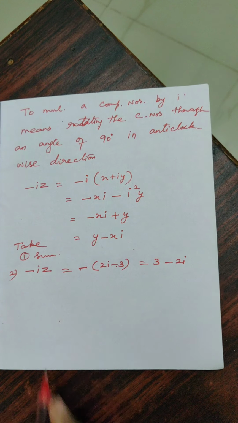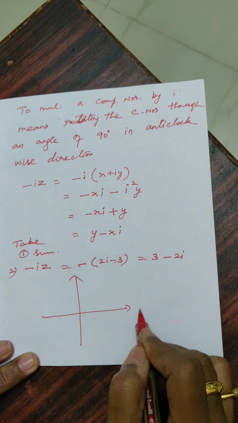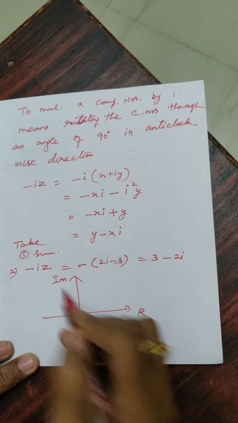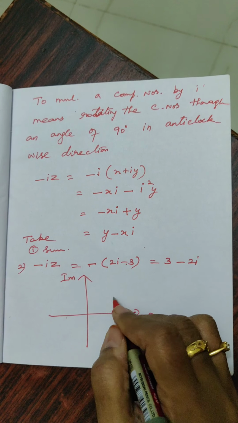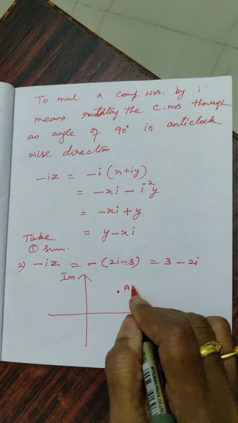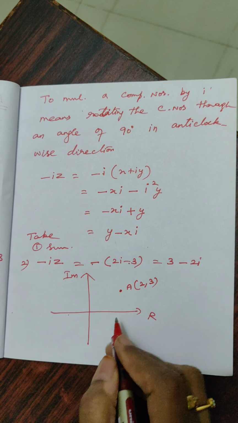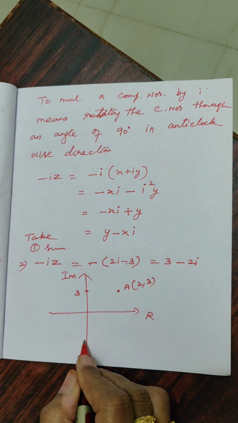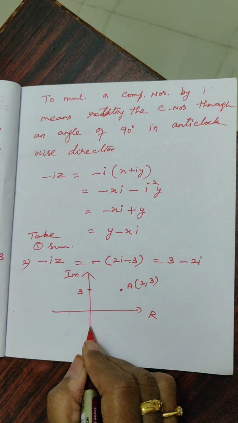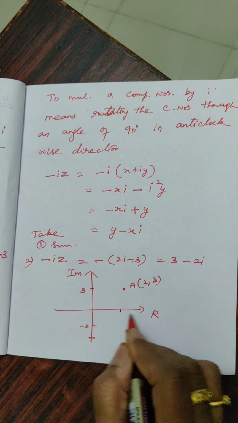Just to check, I am drawing the diagram. Here is the real part, here is the imaginary part. Imaginary axis, this is the real axis. So 2, 3 is a complex number, it lies here. So 3, minus 2. 2, 3 is here. Minus 2 is here. Okay, 3, 1 here, 2, 3 is here.